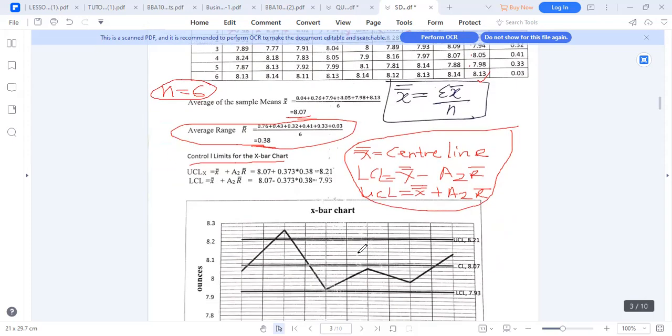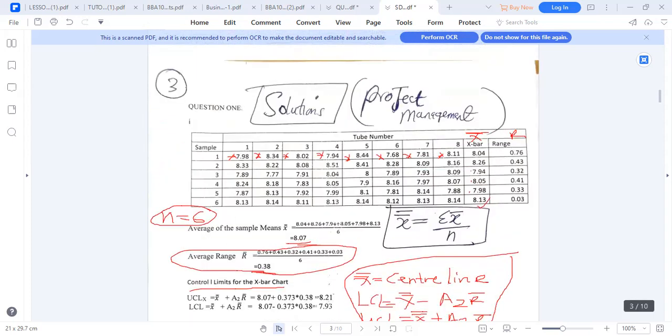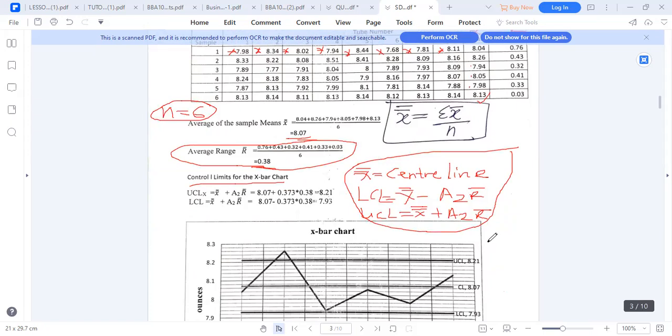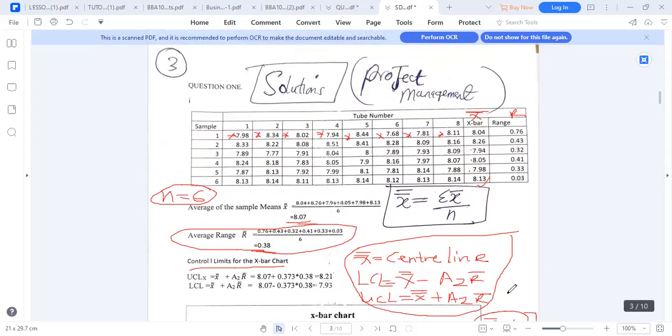Our R bar, we know, is the summation of R over N. Okay, this is only our R bar. All right, so this is according to what is going on.